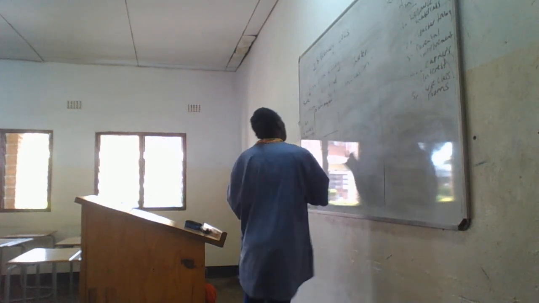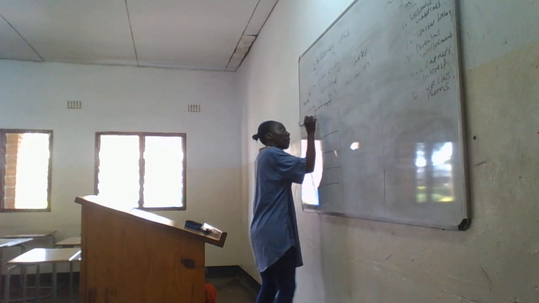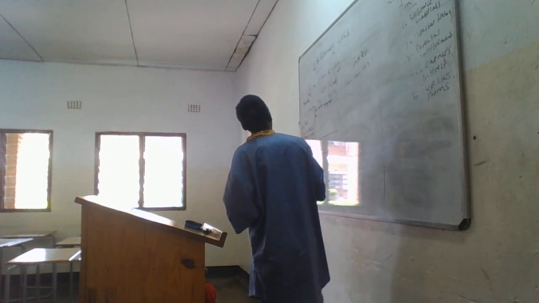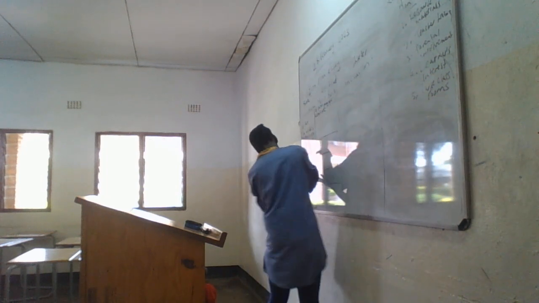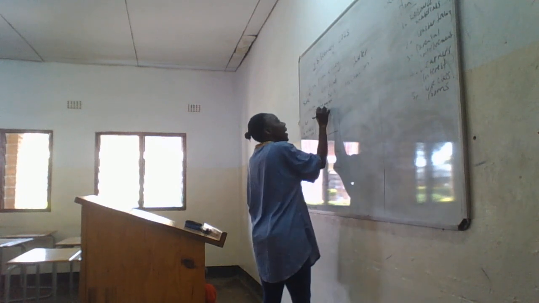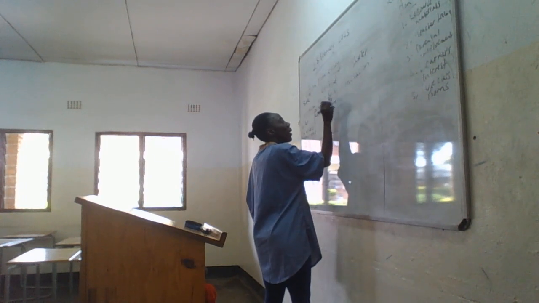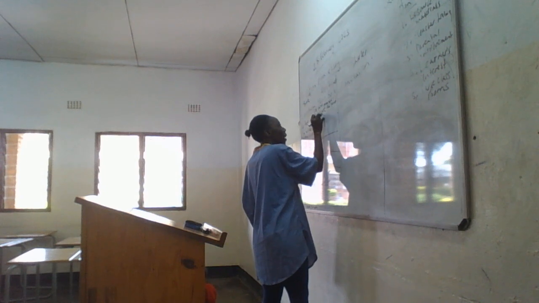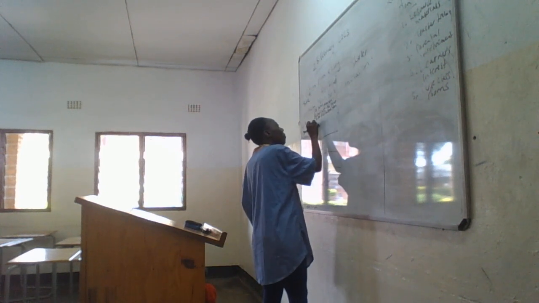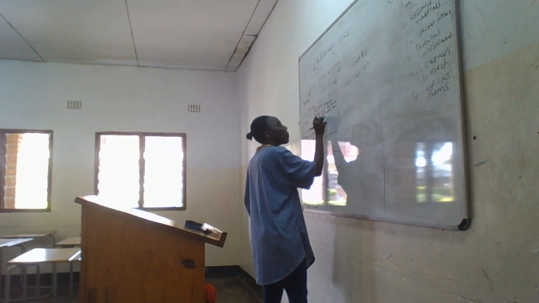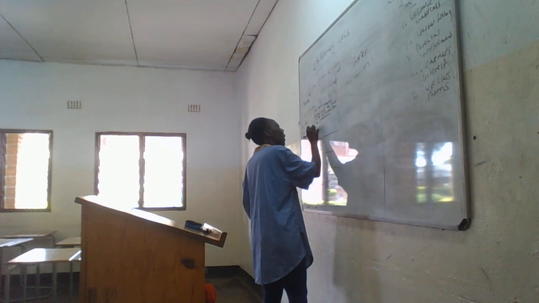So, when I'm talking of a paragraph, what you need to include in the paragraph, you need to indicate the point. Tell us the point that you've chosen from the intro. So, indicate the point to be discussed from the introduction, okay?